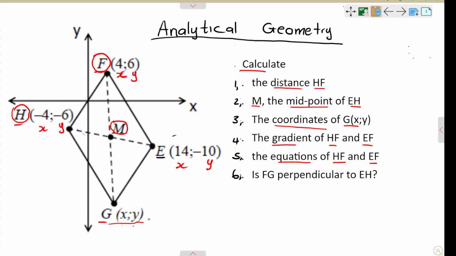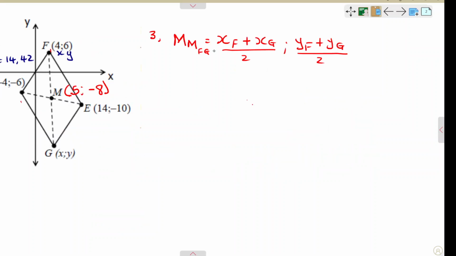So let's look at this one. We will look again at the midpoint formula to find the coordinates of G. Remember we said the formula for the midpoint is x1 plus x2 divided by 2, comma, y1 plus y2 divided by 2. But now I am looking at the line FG.